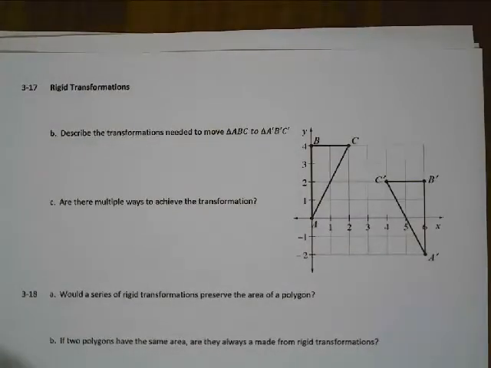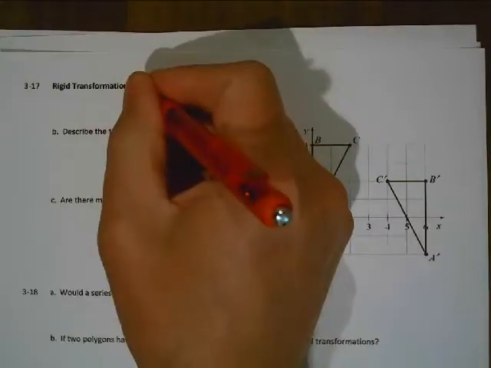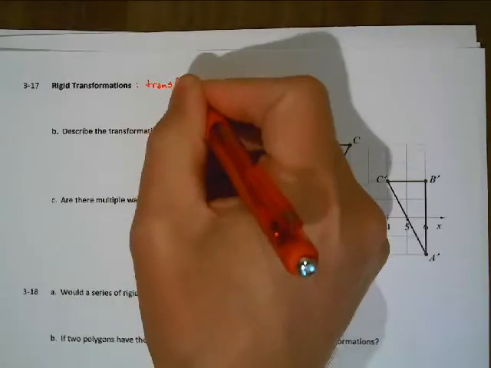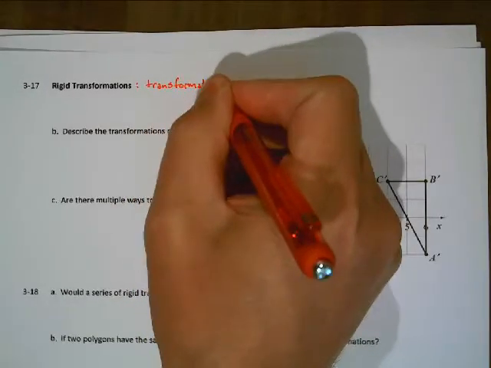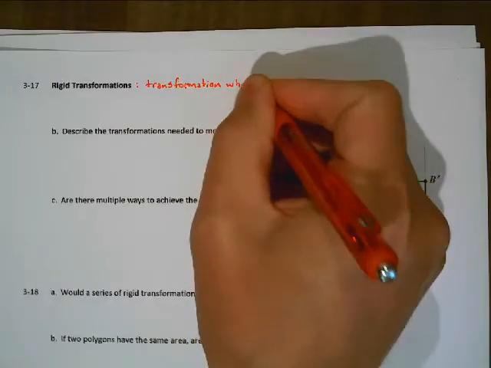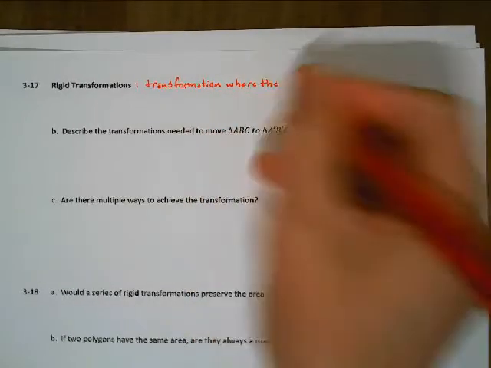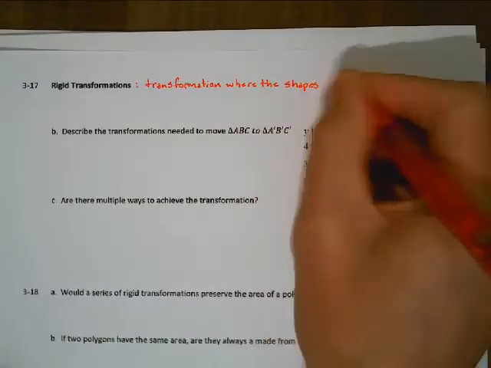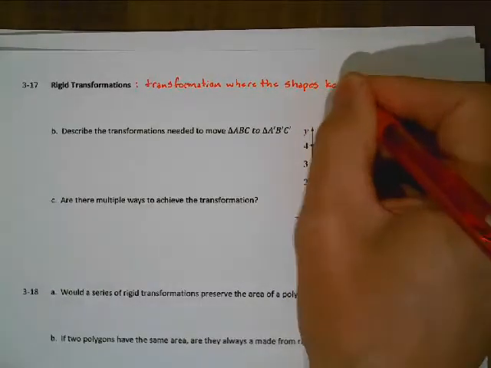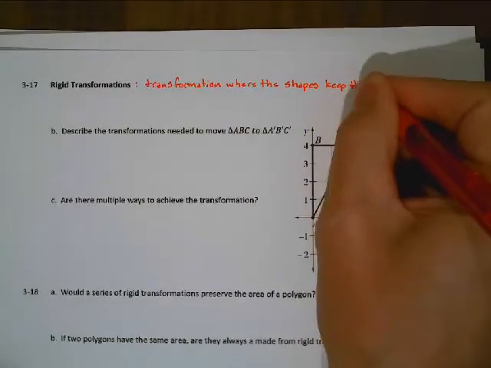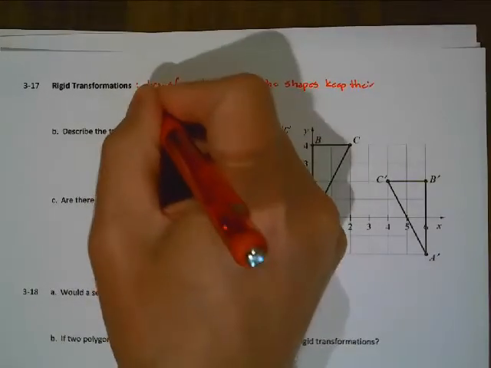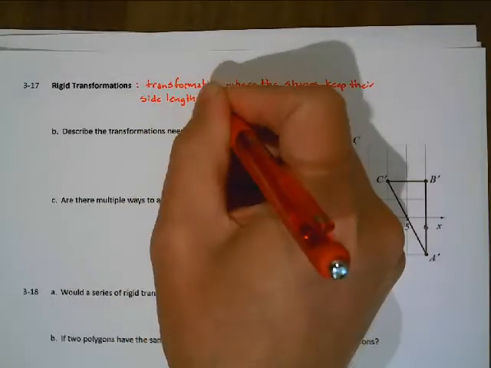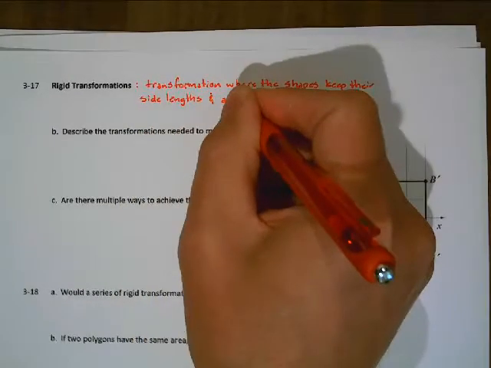A rigid transformation is a transformation where the shapes keep their side lengths and angle measurements.